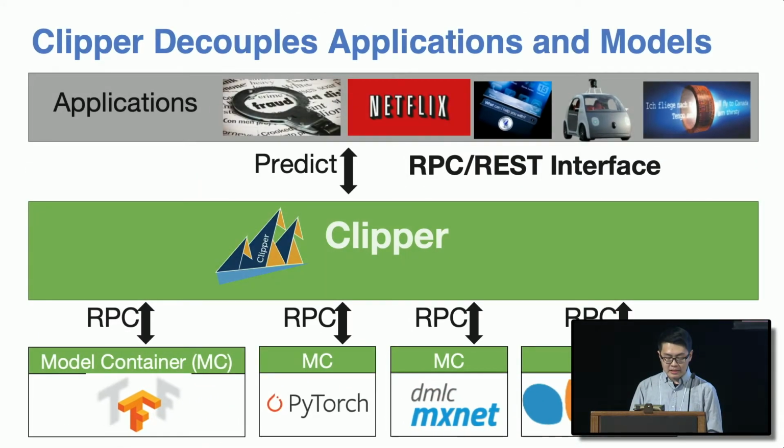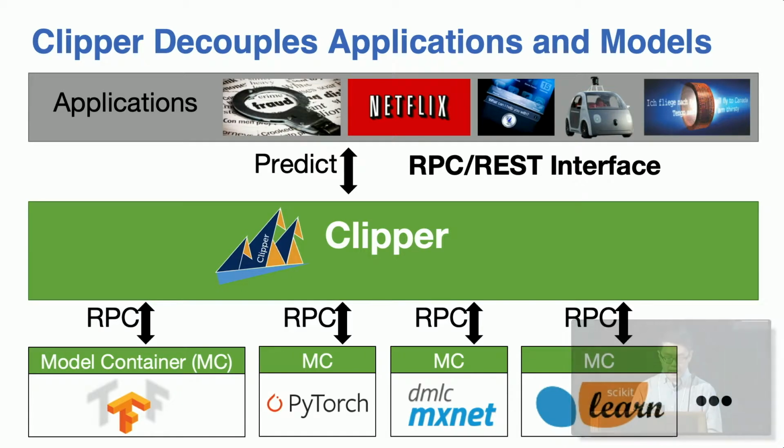Clipper interposes between the application and the actual machine learning model implemented in many different machine learning frameworks. The design of Clipper is such that we act as a middle layer: for applications, we expose an RPC and REST interface, and for models, we expose an ultra low latency RPC system. So any application can talk to any model.